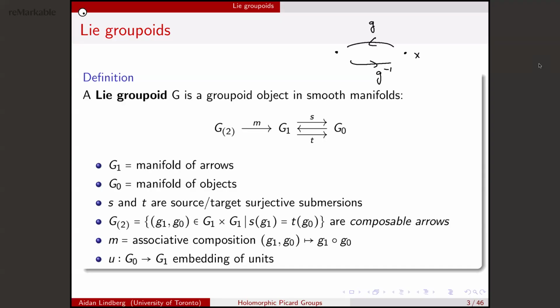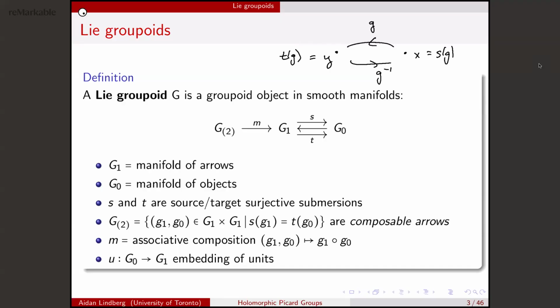So if this is X and this is Y, this would be the source of G, and then Y would be the target of G. So there's a manifold of arrows, and a map from arrows to objects, which takes an arrow to the object at its source and the object at its tip.